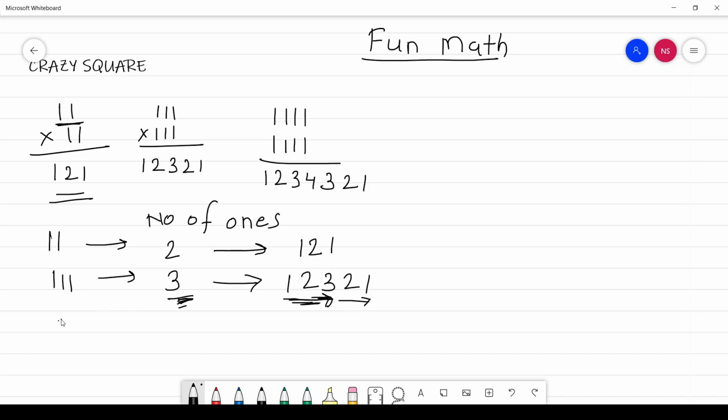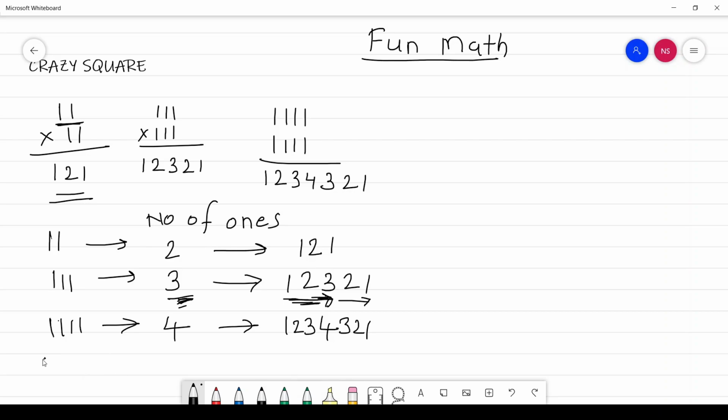Now in the square of 1111 there are 4 ones, and the square goes in ascending order up to 4: 1, 2, 3, 4. Then it goes in descending order down to 1: 3, 2, 1.